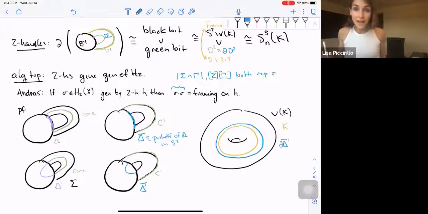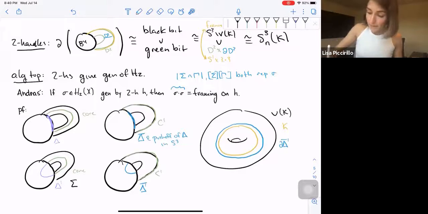And I also claim it has to be a cabled curve framing K, exactly because we got delta bar by pushing a cabled surface in S3. Great, so that's what the boundary of delta bar prime looks like.